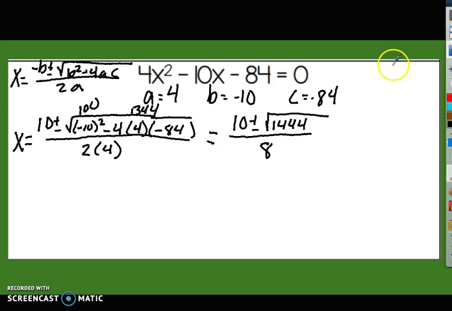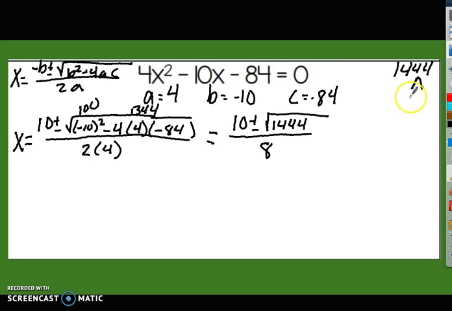All right, just for practice, I'm going to take 1,444 off to the side here and see its factors, just like we did yesterday. What can go into 1,444? 3?